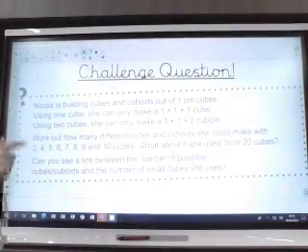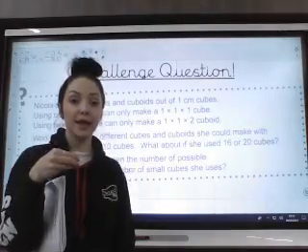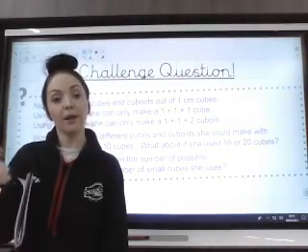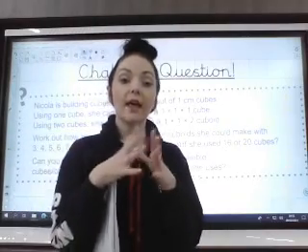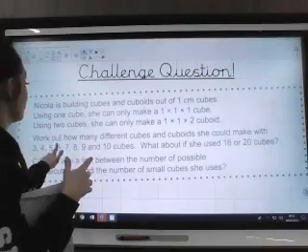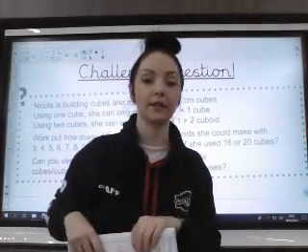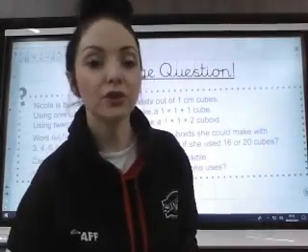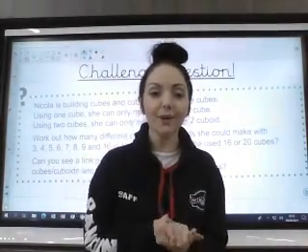Then have a think, what would happen if you added another cube on? What would it be? 1 by 1 by... Have a play about with it and figure out what it would be for all of these different numbers and then see if you can see a link or a pattern. That's just another thing to get you thinking, just to challenge you.